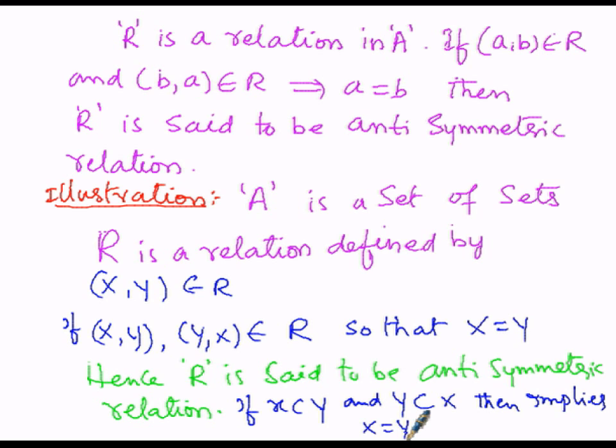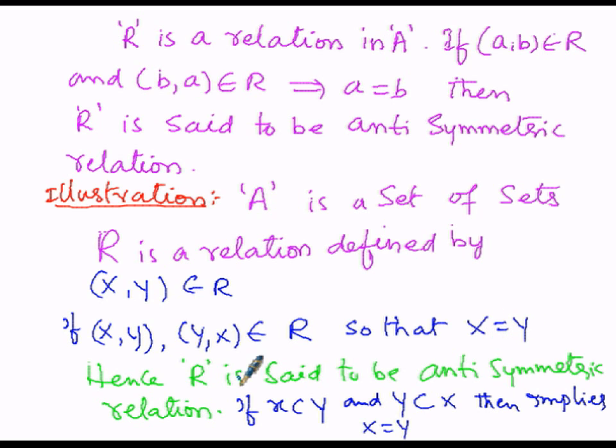Here we have assumed A as the set of two sets, one as x and the other as y. Both the sets belong to the relation. If x, y and y, x belong to R, then x will equal y.